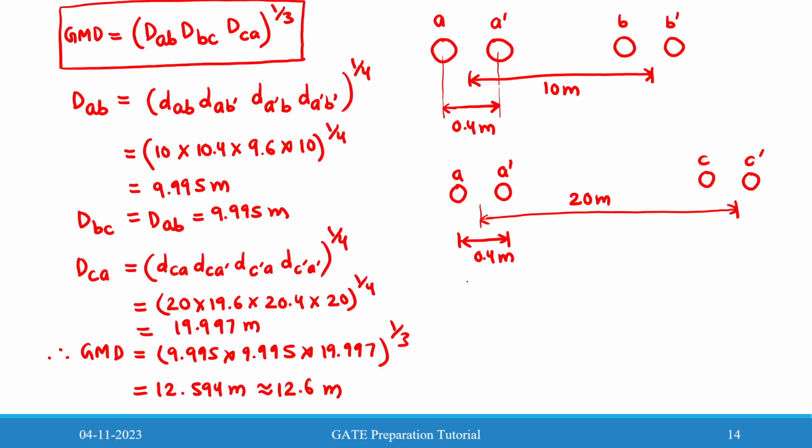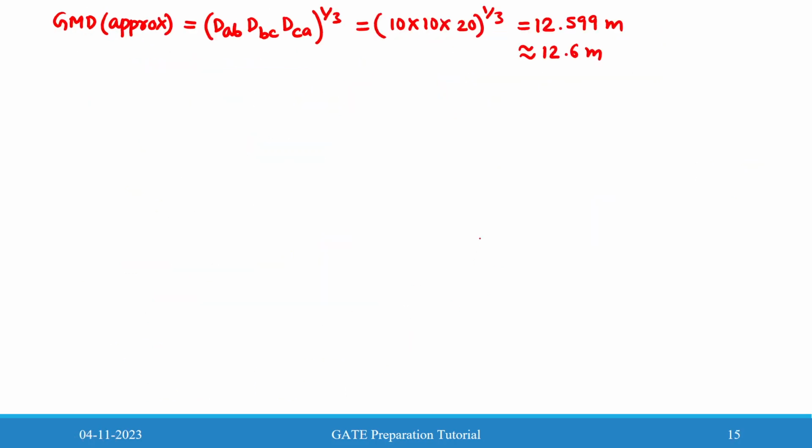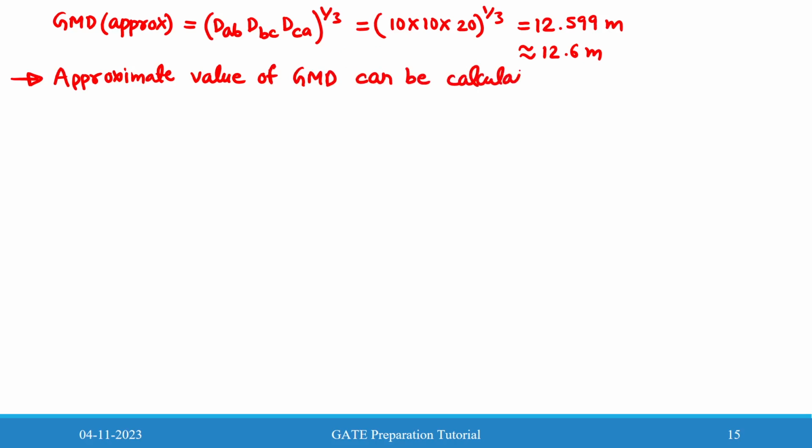So you can see that both are coming approximately equal: 12.594 meter here and 12.599 meter there. So the approximate value of GMD can be calculated quickly, which is very close to the exact value.